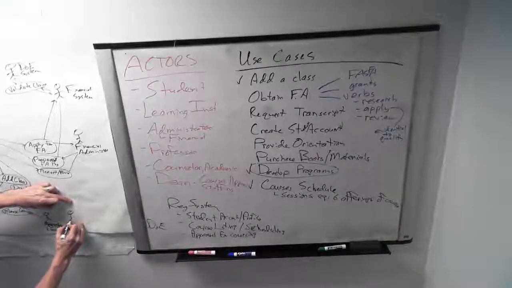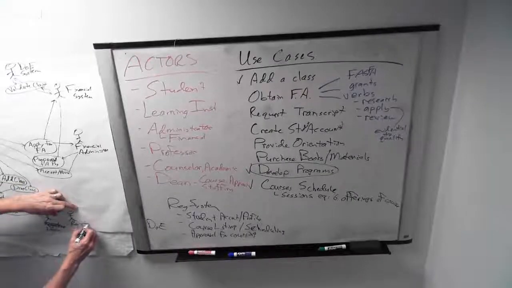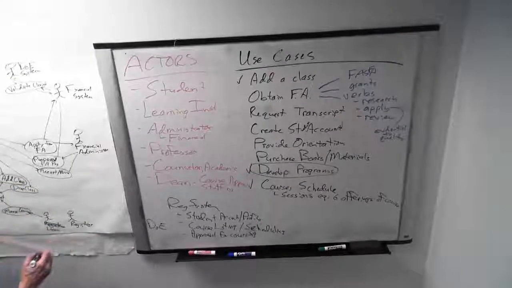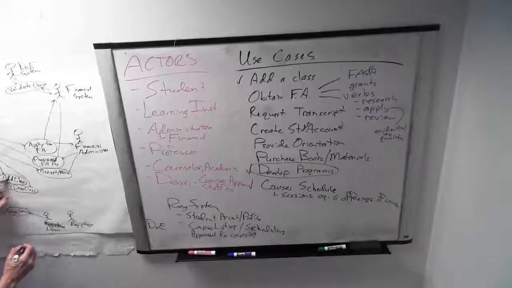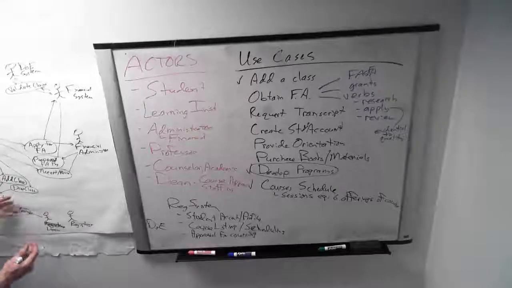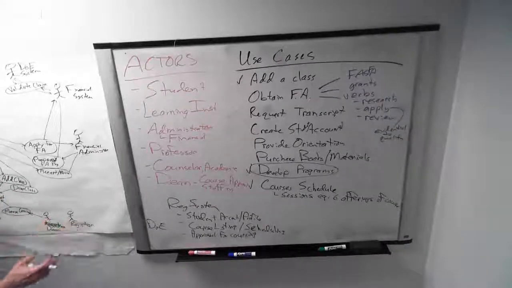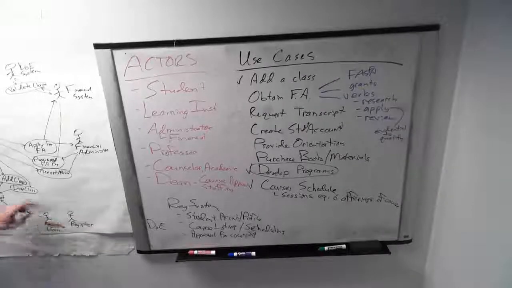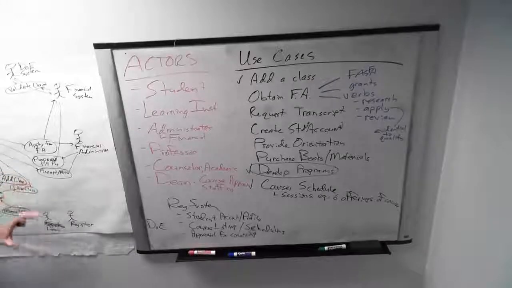All right, so let's put our registrar back in here. Just move that office over a little bit. So we've got a registrar that after adding classes and dropping classes, there's some financials involved here. So we're talking about at the back end, it's like, okay, here's how much you owe.